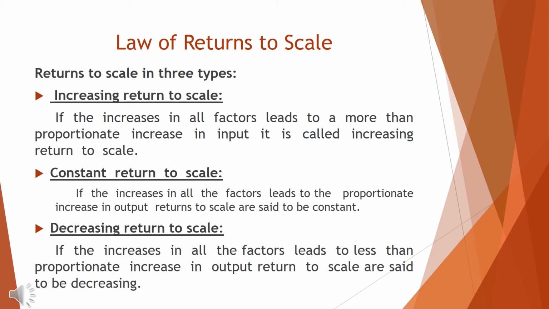In the second stage, if the increase in all the factors leads to a proportionate increase in output, returns to scale are said to be constant returns. In the third stage, if the increase in all the factors leads to a less than proportionate increase in output, returns to scale are said to be decreasing returns.